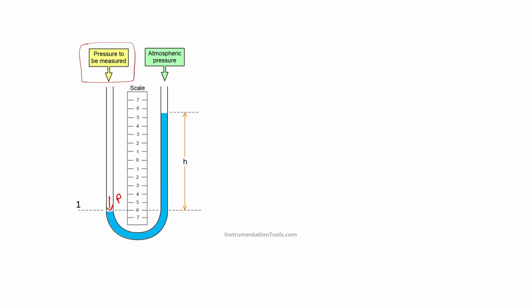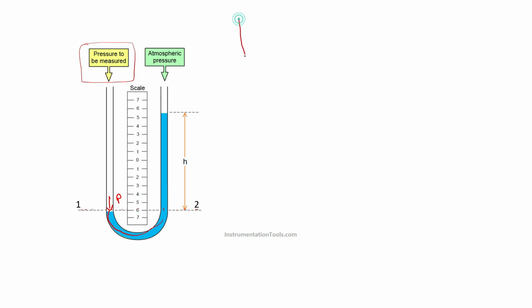And at position 2, if you draw a horizontal line at this interface, that is 1, 2, this is a liquid here, this is a liquid. At a horizontal level, the pressure acting on the fluid will be same at these 2 points because the height is same.